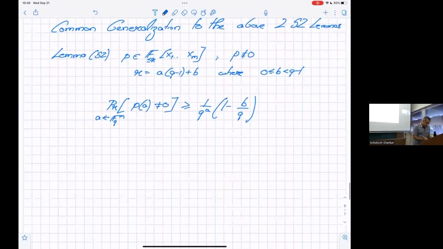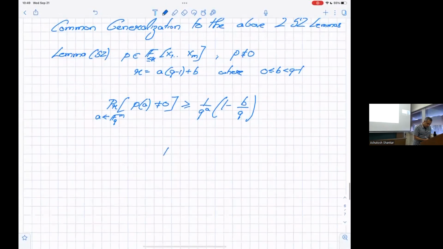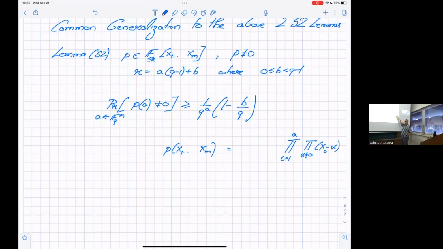I'm going to construct this, tight, as follows: P of x1 to xn, for i going from 1 to a, I look at the polynomial xi minus alpha, where alpha is not equal to 0. If xi is anything other than 0, this polynomial vanishes.